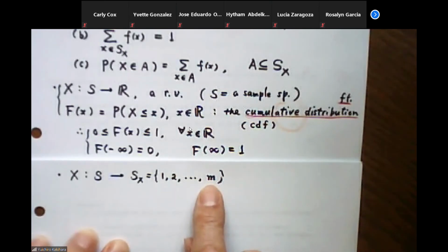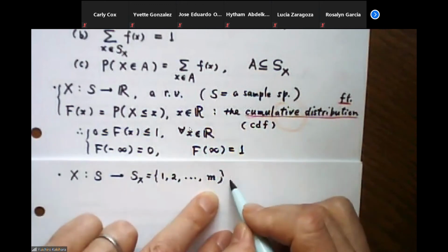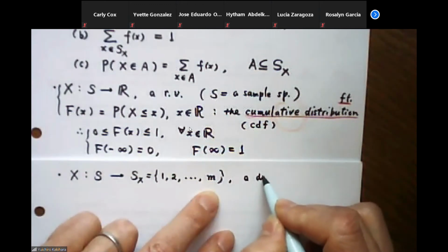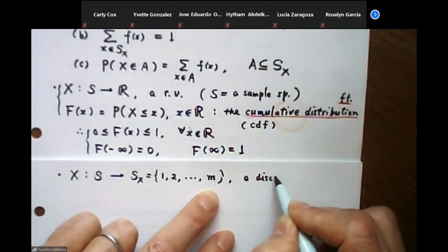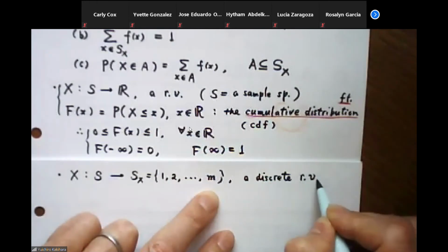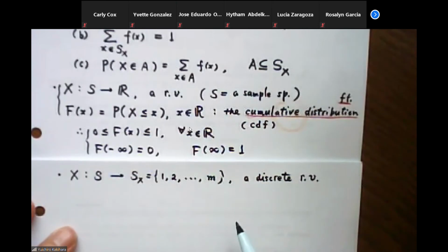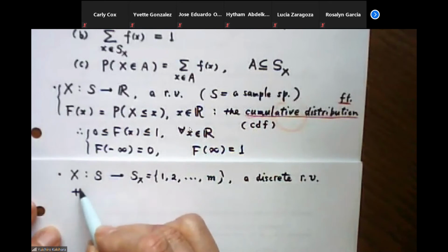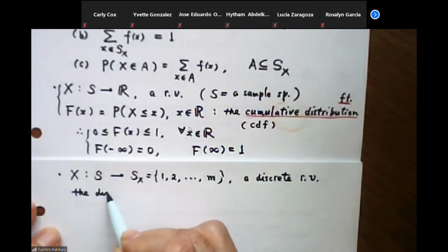This is a discrete random variable, so S sub X is 1, 2, up to m. In this case, we say the distribution is uniform.